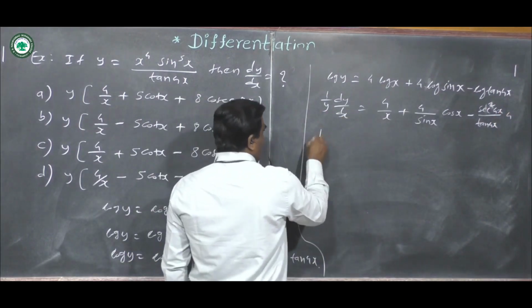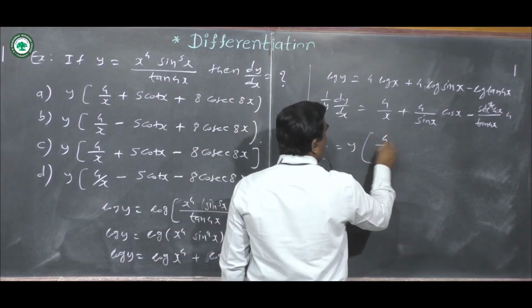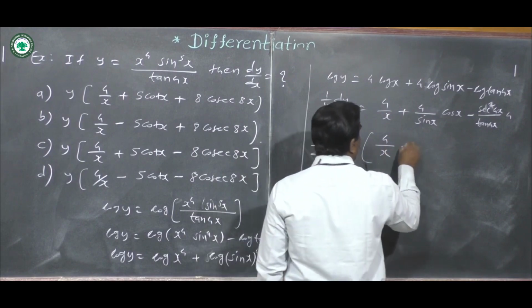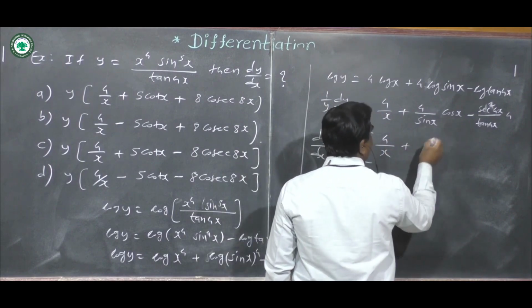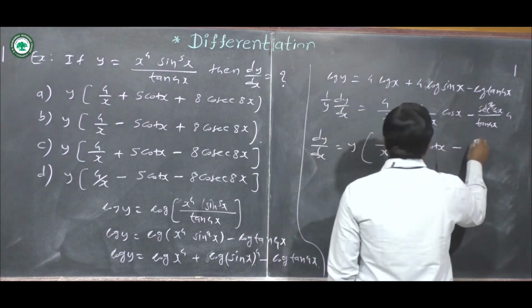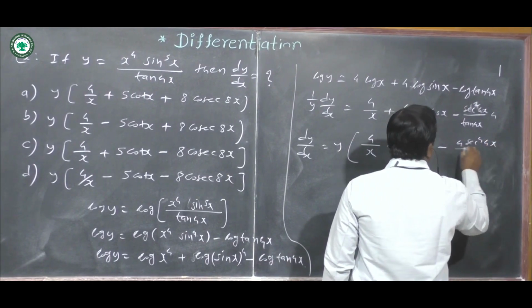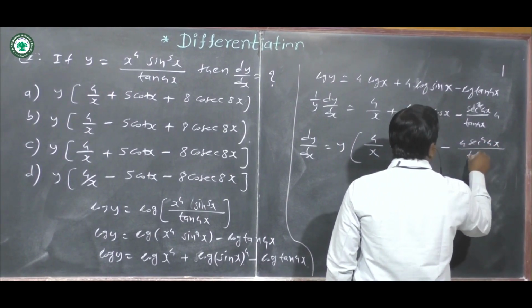Okay, that is dy by dx is equal to y into in bracket 4 upon x plus 5 into cos x upon sin x, means cot x, minus 4 into sec square of 4x upon tan 4x.